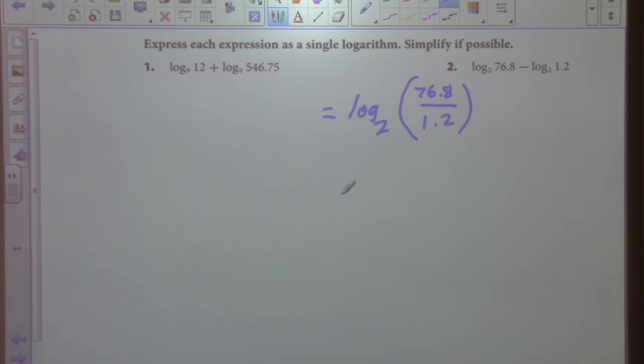And if you put in the calculator 76.8 divided by 1.2, you're going to get 64. So your correct answer is 2 raised to the power of what equals 64? Can you write 64 in terms of a power of 2?